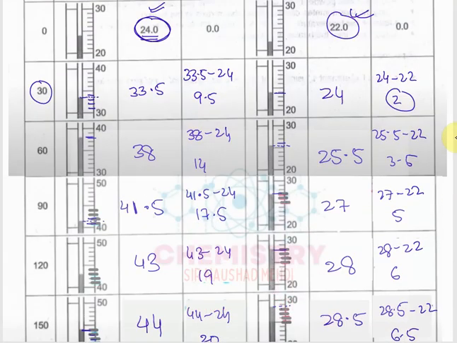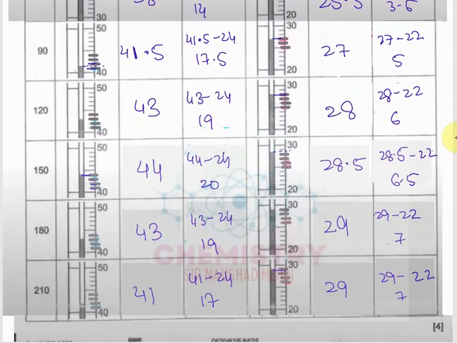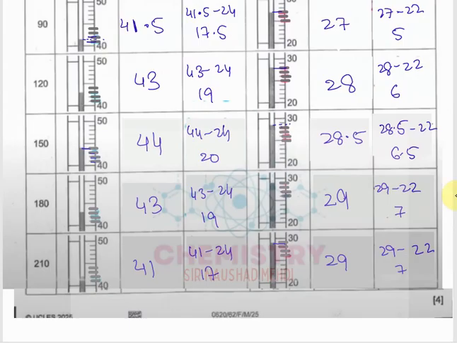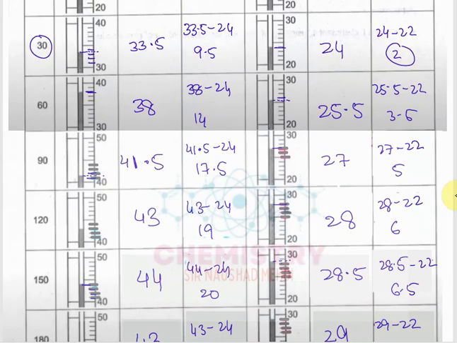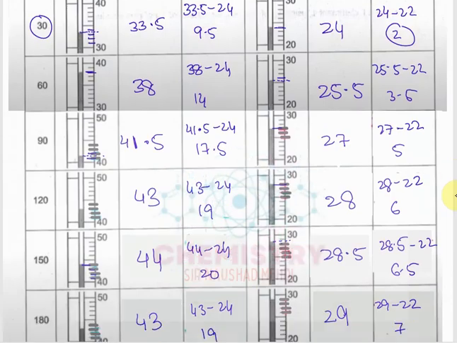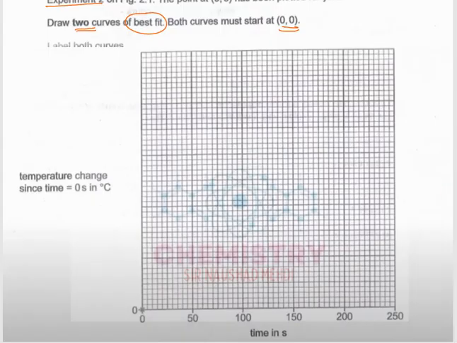Okay, so here we can see the temperature change starts from 0, and the highest value of the temperature change is almost 20. So it means that we have to draw the scale over here.